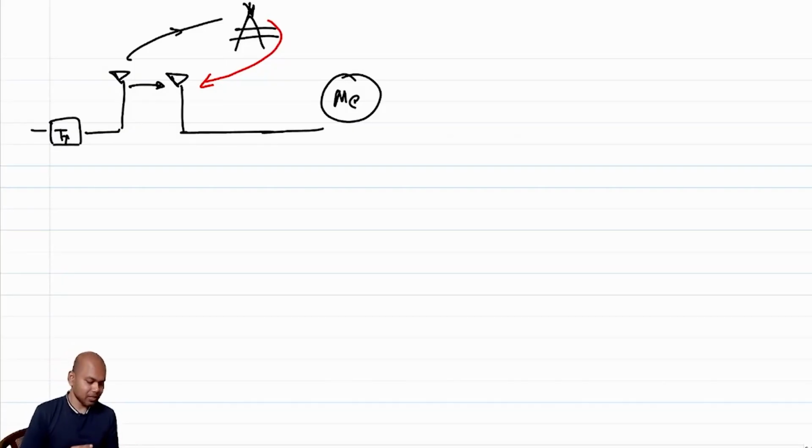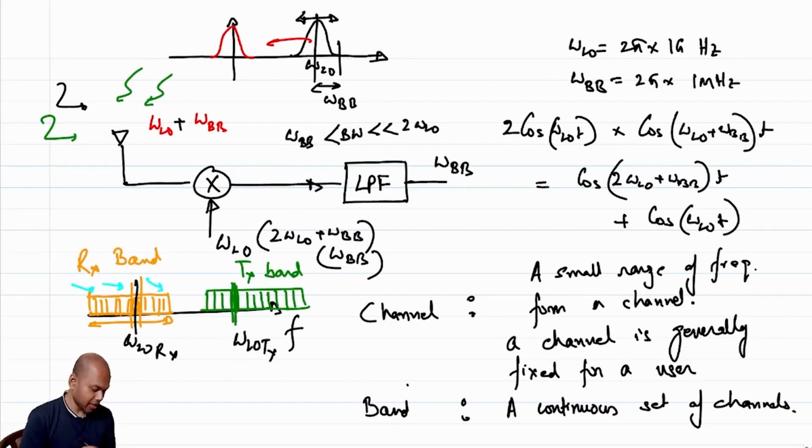So now what's the problem? If I go back to the previous page, the problem is I am getting signals from omega LO plus omega BB, and I am also getting signals from omega LO plus some omega INT. INT stands for interferer. Let me use a more standard term.